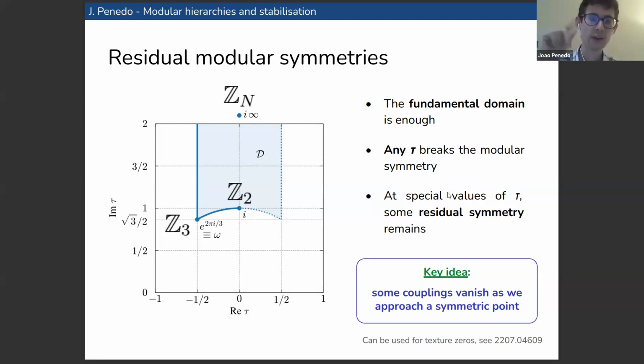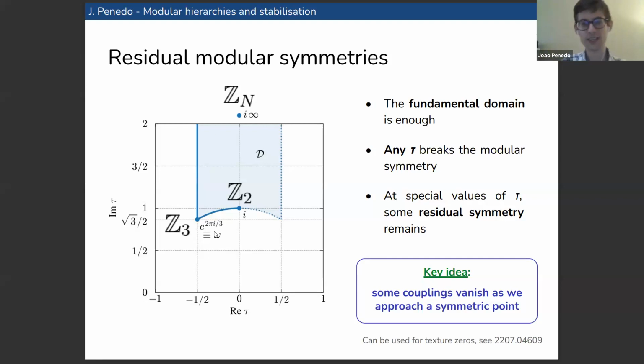And finally, when tau is at this value omega, the cube root of the identity, which is also called the cusp, you preserve a Z3 symmetry. And when you preserve the Z3 symmetry, you are preserving the product of the S and T generators.